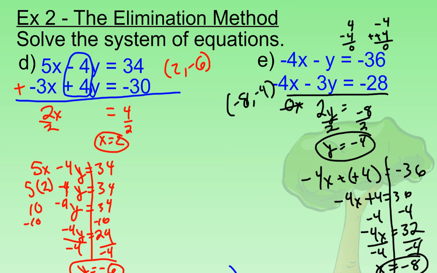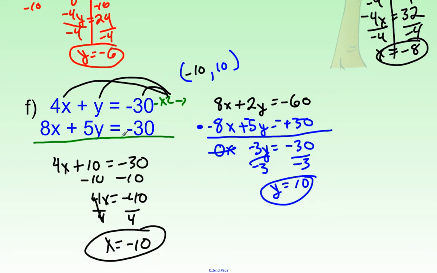And if they don't have the same coefficient, like here in letter F, you can multiply one or both of the equations by a constant to make them have the same coefficient. And then they cancel out, and you can continue doing your elimination method.